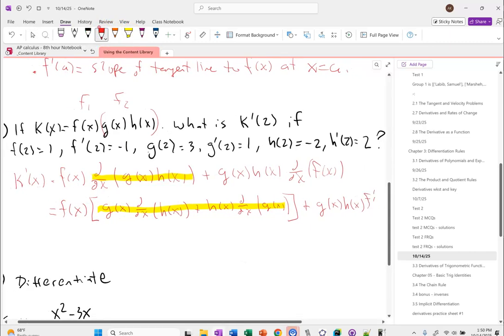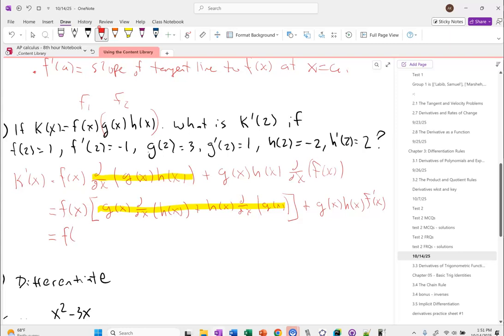Well, I write f prime of x, right? Not until I'm talking about k prime of 2 do I plug in the 2 yet. Is everybody okay? Okay. And then I do f of x times g of x times the derivative of h, which is h prime, plus f of x times h of x times the derivative of g, which is g prime, and then that last term just stays the same.